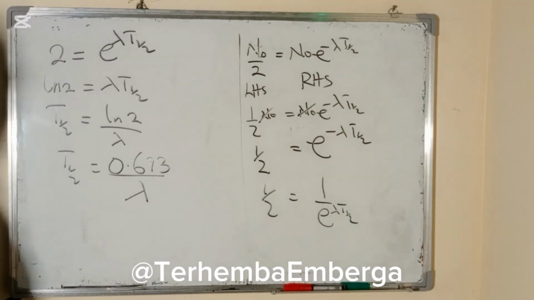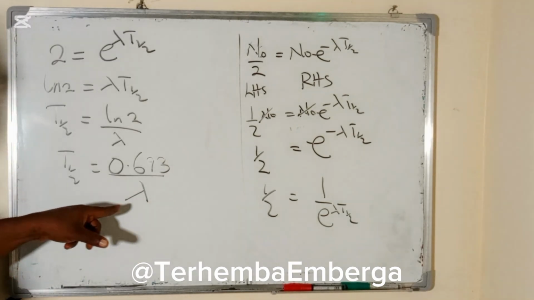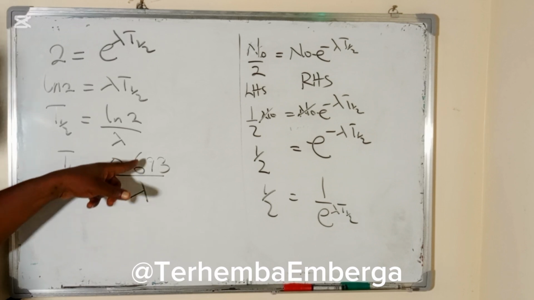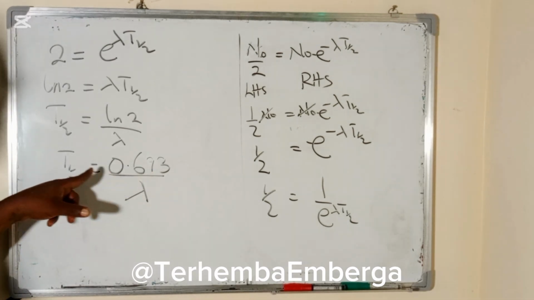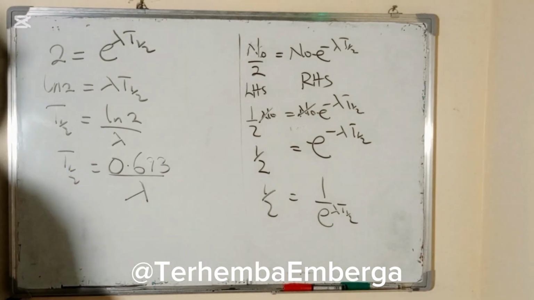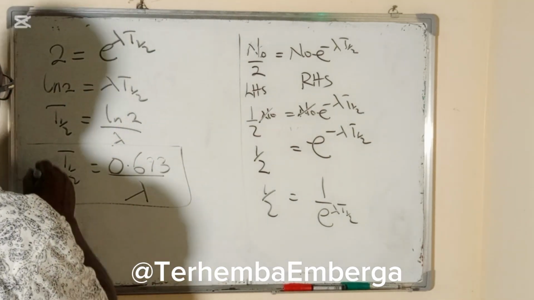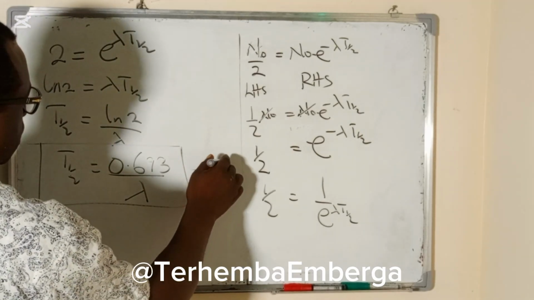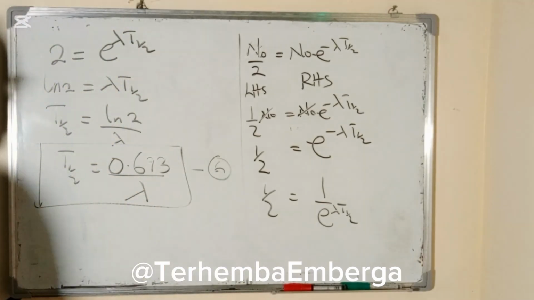The implication here is that if you know the decay constant, you can calculate the half-life. And if you know the half-life period, you can as well calculate the decay constant. And this becomes equation 6. Thank you.